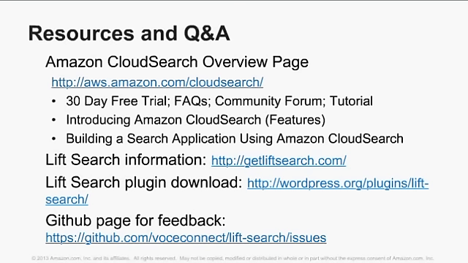I think we have time for one more question. This also relates to price. Could you have multiple search domains per instance if you wanted to use CloudSearch for multiple low traffic sites, to spread that regular monthly cost across these multiple sites? Yeah, you can absolutely accomplish that.